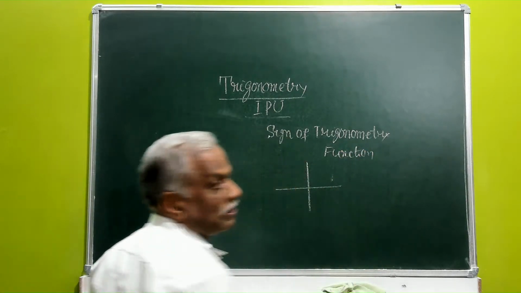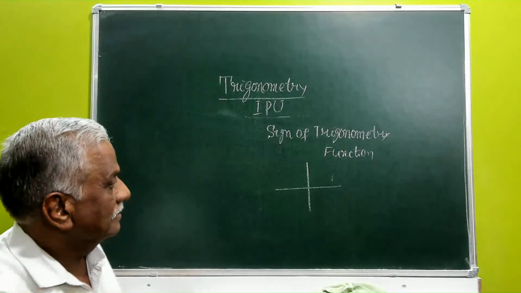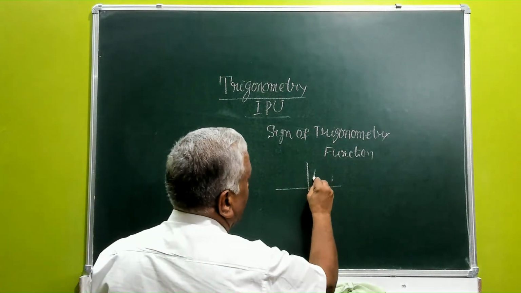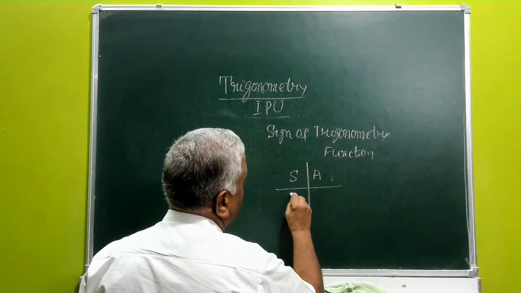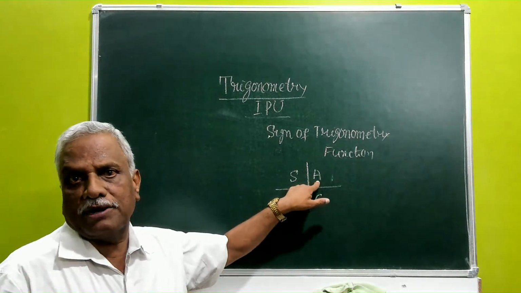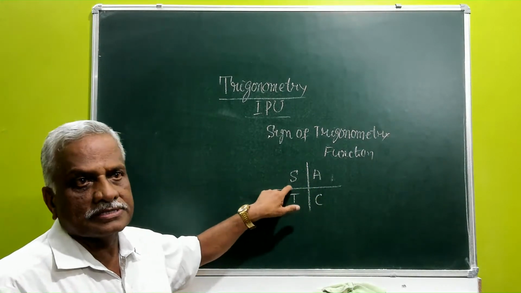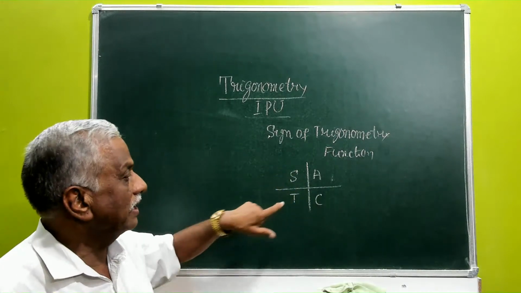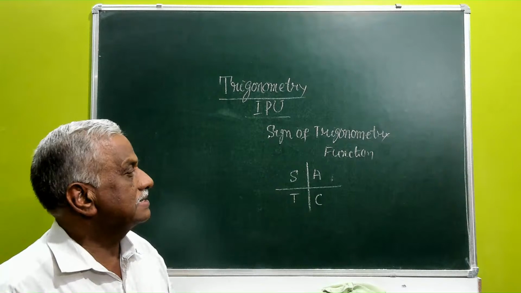I'll just rush through and not devote more time for this, but here we write A, here we write S, and here we write T, here we write C. So A stands for all trigonometric functions, S stands for sine, sine means cosecant is included, T stands for tan, cot is included, C stands for cos, secant is included.